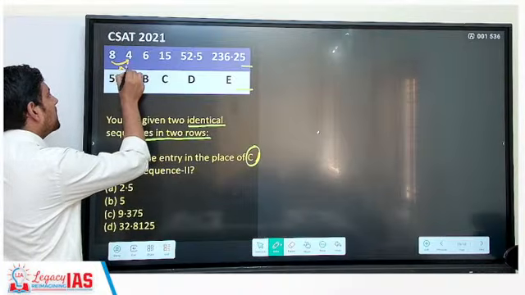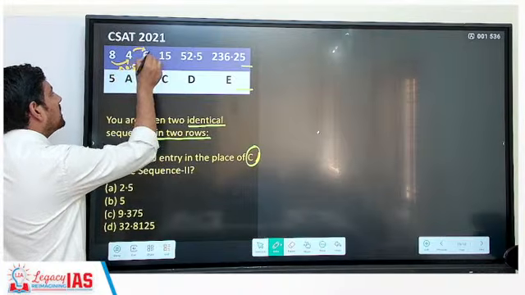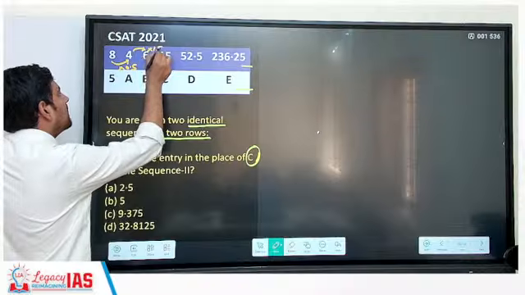This is what? Multiplication by 0.5. Then 4 to 6 is multiplication by 1.5.